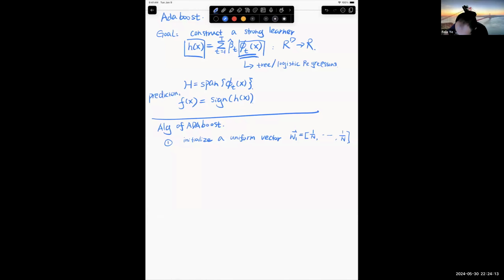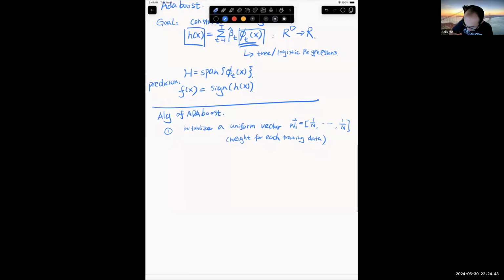You can think of it as a weight for each training data. So we have n training data, which means we are treating each training data equally. That's why we initialize it, just to consider all the training data as having equal weight.